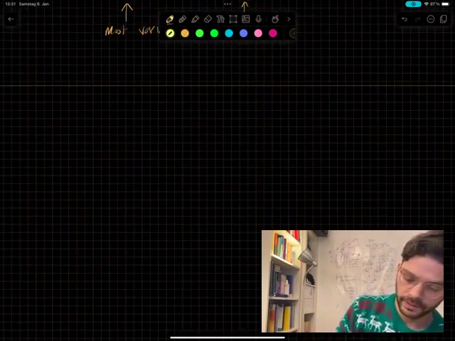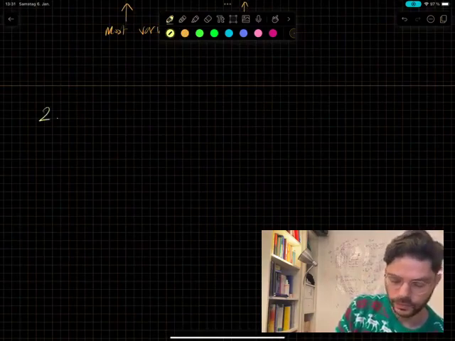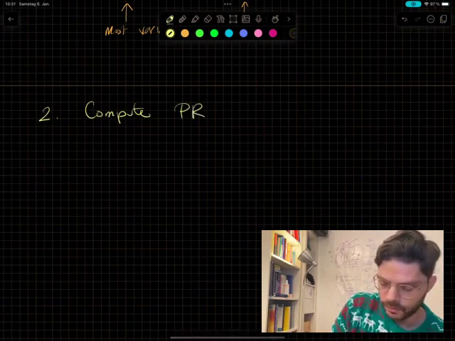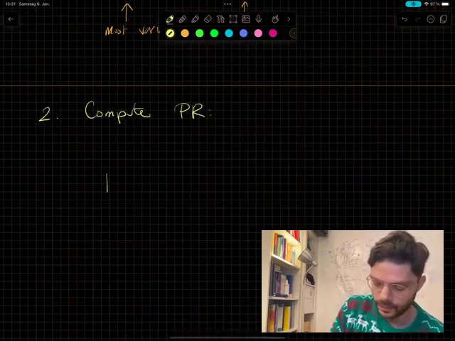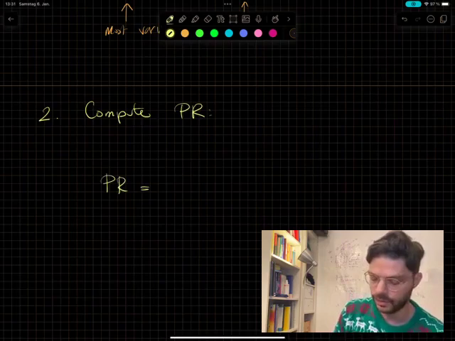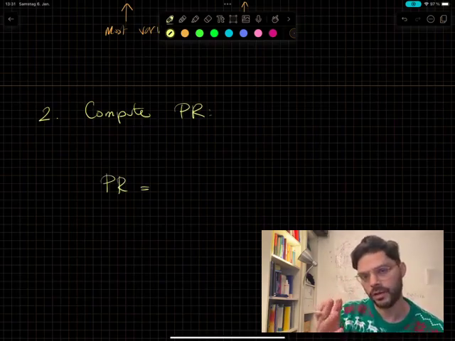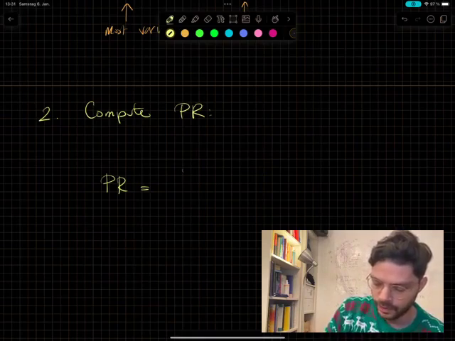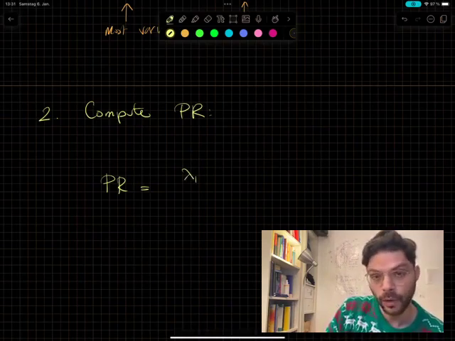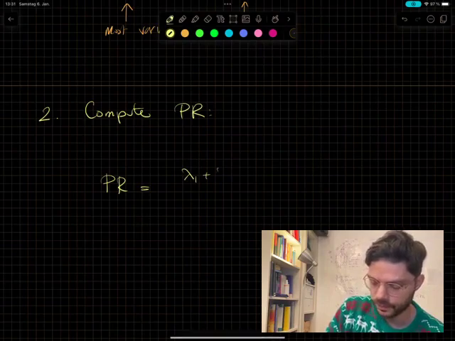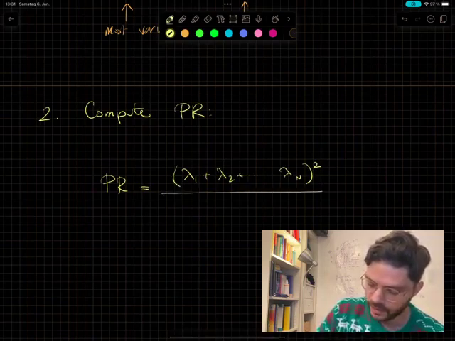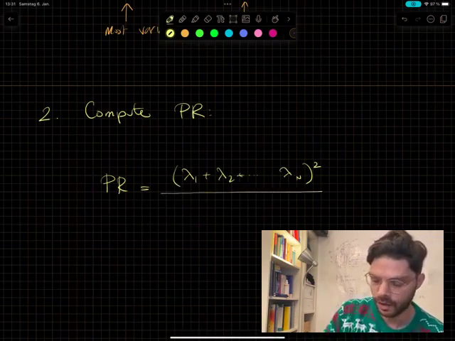Once we have that, we can simply compute the participation ratio. So compute PR. And PR equals a function of these variances that we've computed, and it's going to be the sum of the variances, squared, divided by the sum of the squared variances.